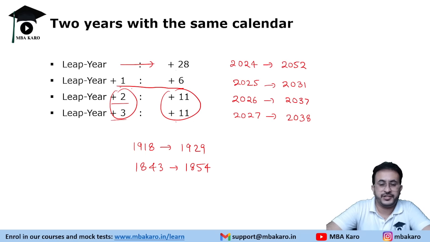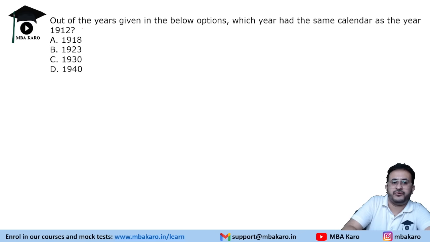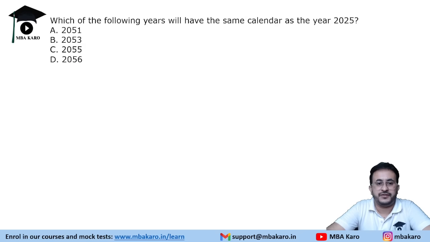So let us see a question on this. Out of the years given in the below options, which year had the same calendar as the year 1912? So easy peasy. Same calendar as 1912, that's a leap year. Add 28 to it, that will be 1940. Next question, which of the following years will have the same calendar as the year 2025?